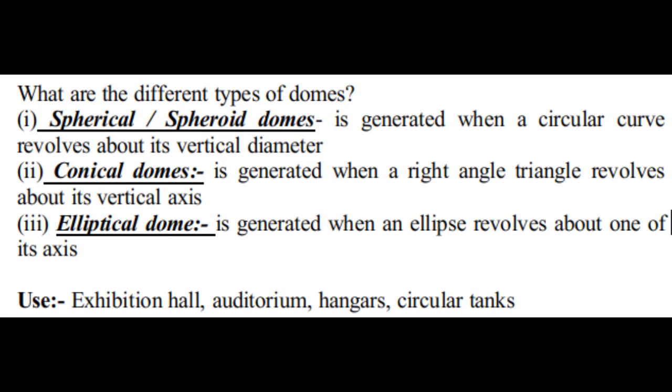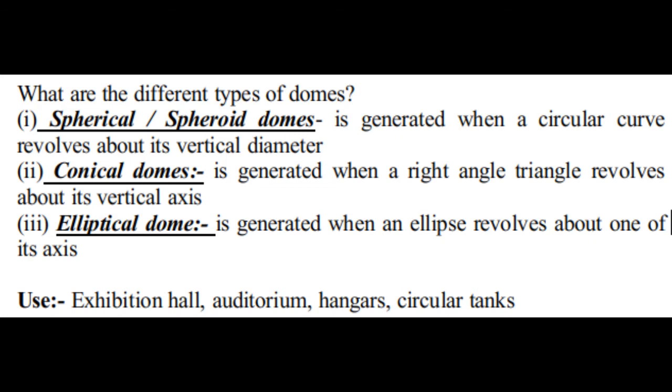Now, a spherical dome is generated when a circular curve is revolved about its vertical diameter. Conical dome is generated when a right angle triangle revolves about its vertical axis, that is the perpendicular. So when a right angle triangle revolves, a conical dome is generated.